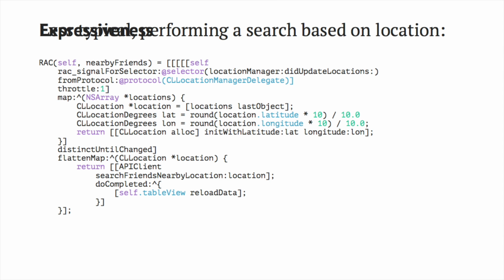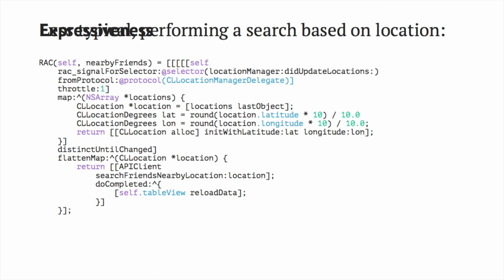And again, here you have the rack macro, and it's assigning that to your friends nearby property. After all of that, we have this imperative action that we need to take: tell the table view to reload the data because we have new data. Of course, you could do it nicer, where you've got some deltas between your friends lists so that you're animating things in and out, but that's not for this example.